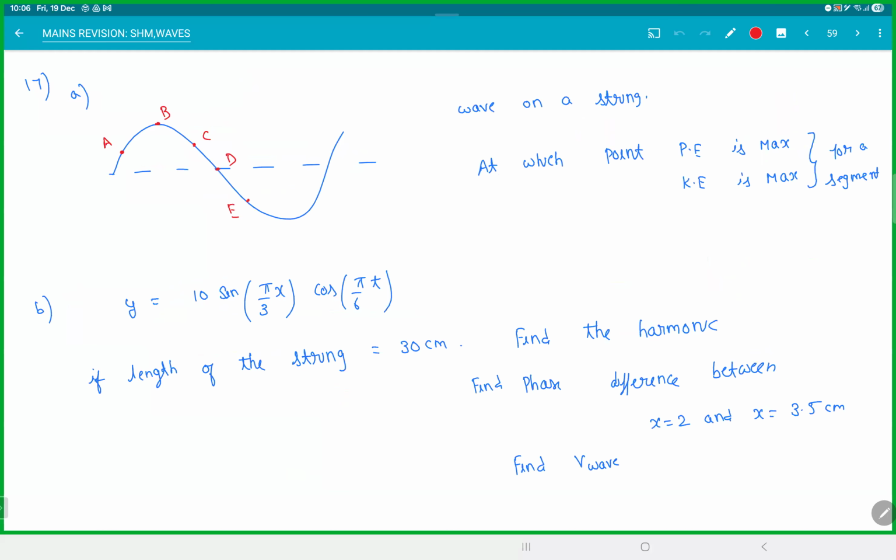Let's get this thing. So we have a wave on a string A, B, C, D. There are 5 points. At which point is potential energy maximum, and kinetic energy maximum for a small segment dx? Stationary wave, length of the string is 30 centimeters.